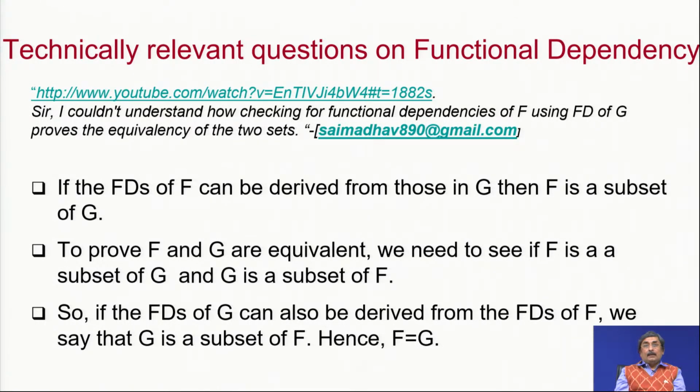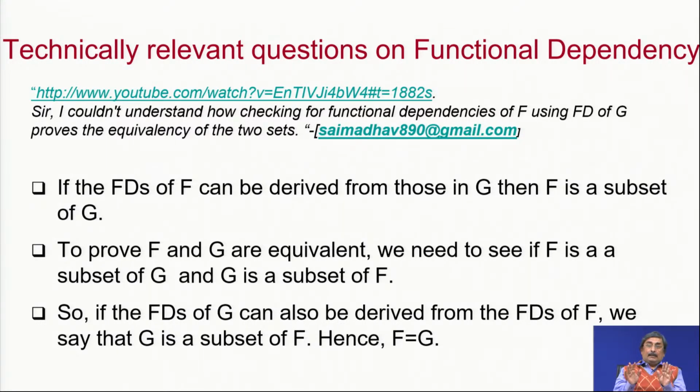They are syntactically not the same, the LHS is not the same, the RHS is not the same, right. But by saying they are equivalent, we mean that all the FDs in F can be derived from the FDs in G, if there are two sets F and G for the same table, for the same database.